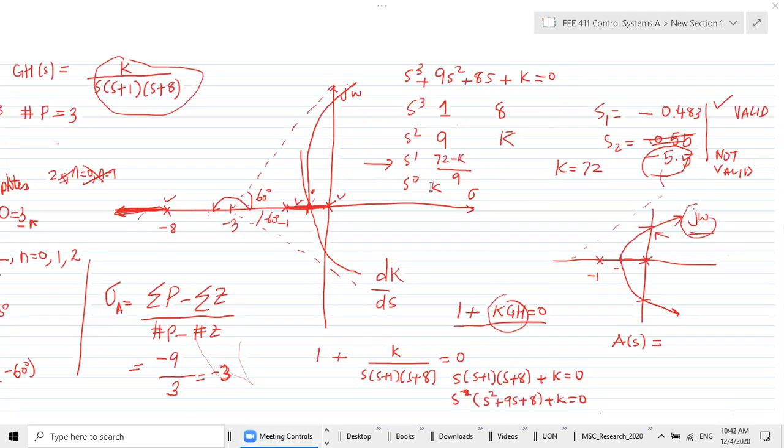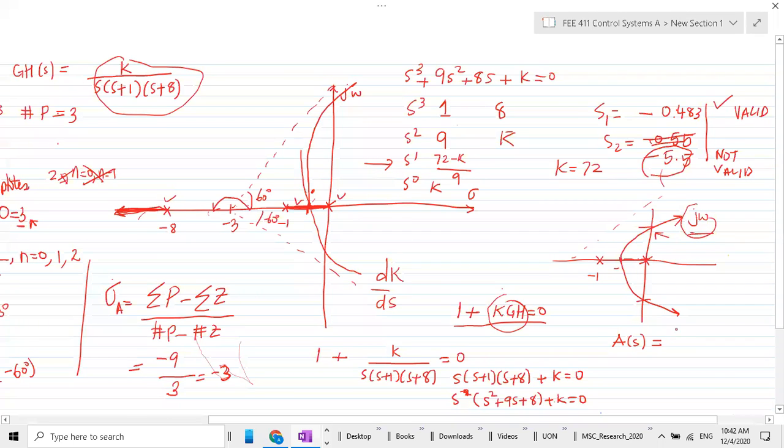You get it now. Because k is greater than 0, if it's 0, then we don't have any system. The whole of this goes to 0. So we take this equal to 72. If that is 72, then we'll have our auxiliary equation 9s squared plus 72 equals 0. We'll have s squared equals minus 72 over 9.